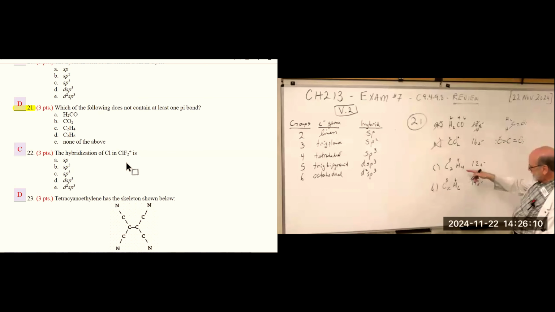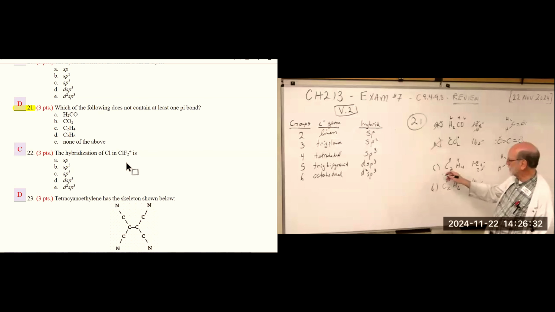Okay. C2H4 with 12 electrons. So we have 2 carbons and then 4 hydrogens. 2, 4, 6, 8, 10. That means 2 electrons left over. And then we're going to make an octet. That's another pi bond.